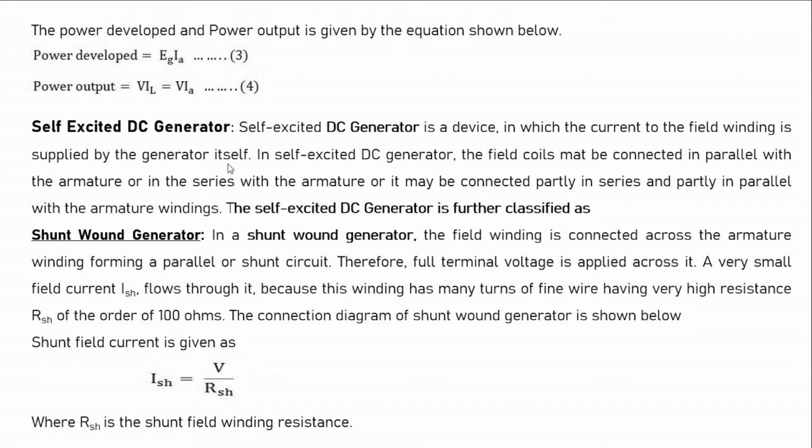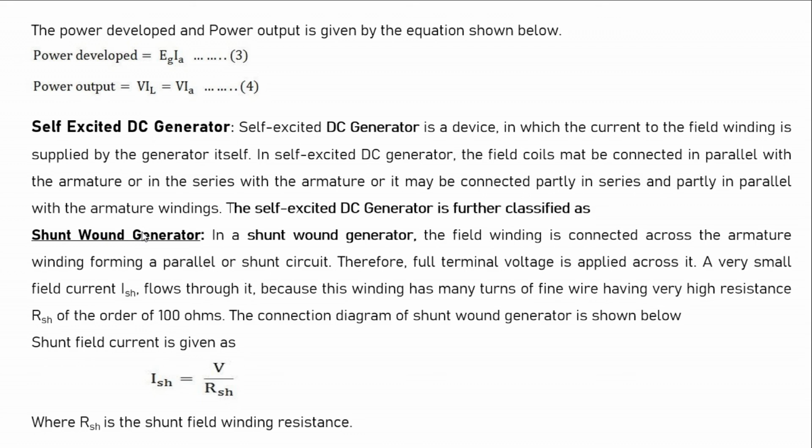In a self-excited DC generator, the field coils may be connected in parallel with the armature, or in series with the armature, or partly in series and partly in parallel. Depending upon that, it is called a shunt wound generator, series wound generator or compound wound generator.